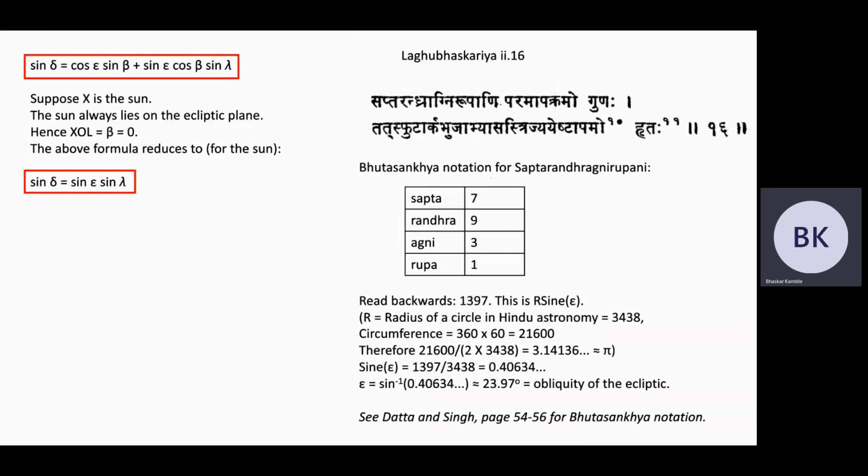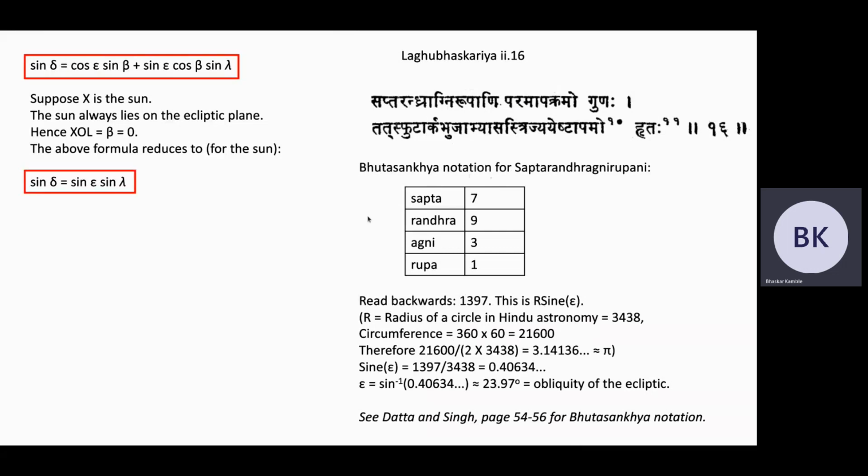You can also have agni, as there are three types of fires. The number four can be yuga: in Hindu cosmology you have the Satya Yuga, Treta Yuga, Dwapar Yuga, and the Kali Yuga. Or you can have Veda, which also denotes four, because there are four Vedas: Rig Veda, Yajur Veda, Sama Veda, and Atharva Veda.